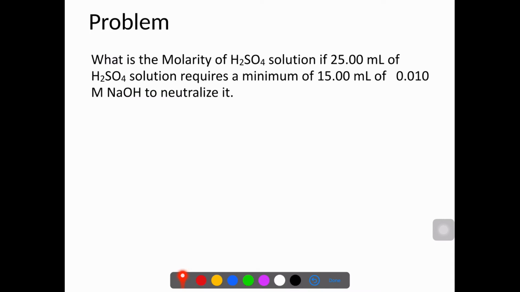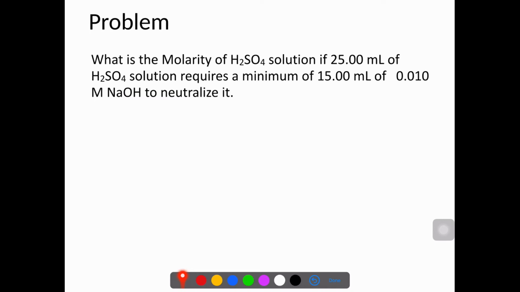Well, since this is a reaction between those two, you have to set up a balanced equation. Most students make a mistake here. They see volume 1, concentration 1, and volume 2. They jump to M1V1 is equal to M2V2.